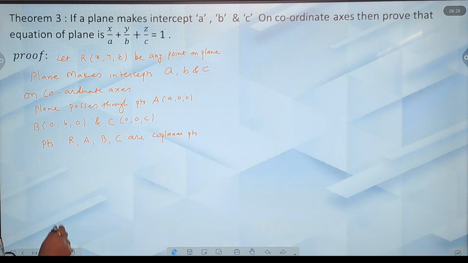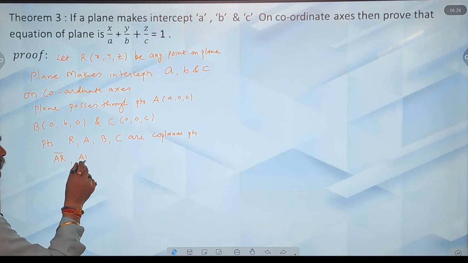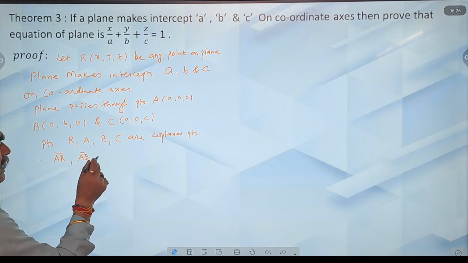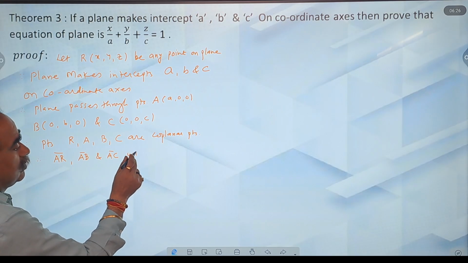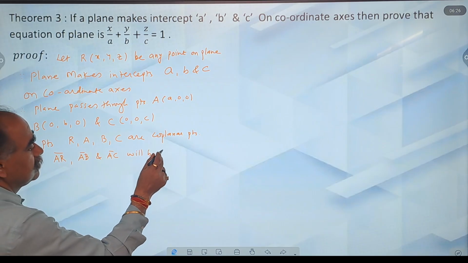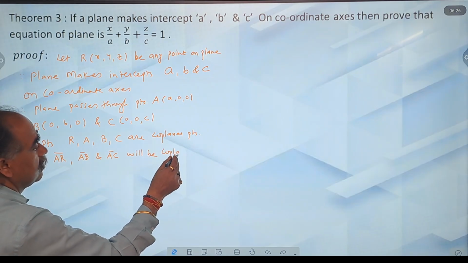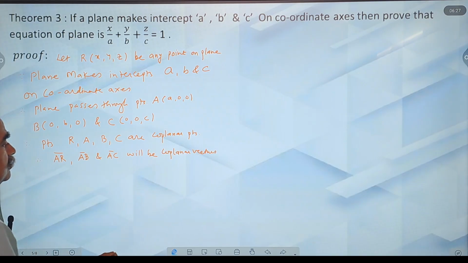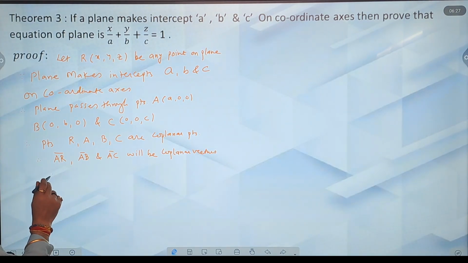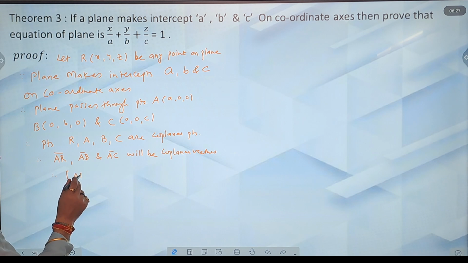Therefore, AR bar, AB bar and AC bar will be coplanar vectors. When three vectors are coplanar, their scalar triple product will be what? 0.